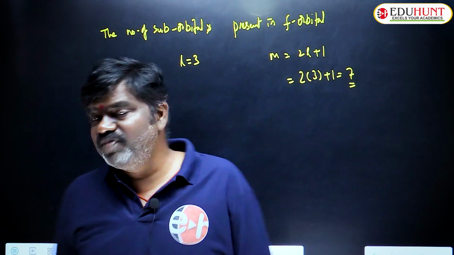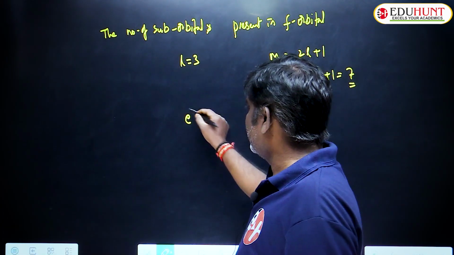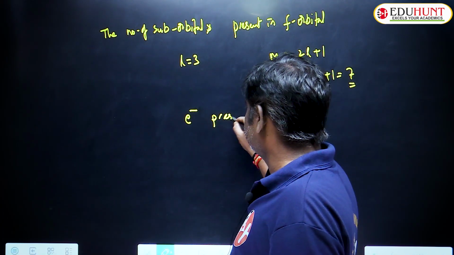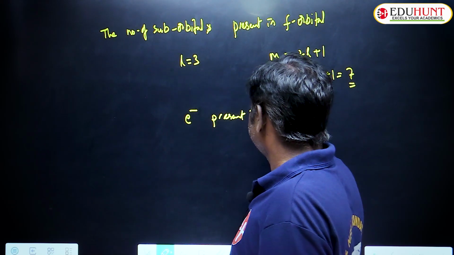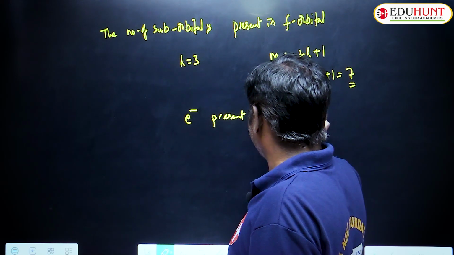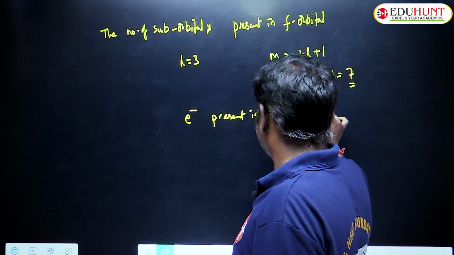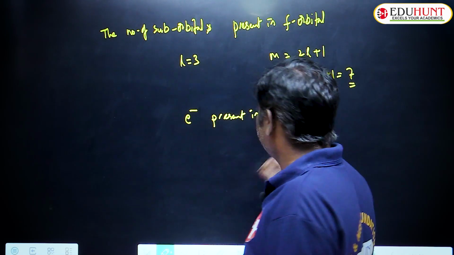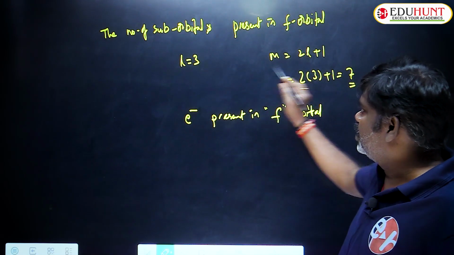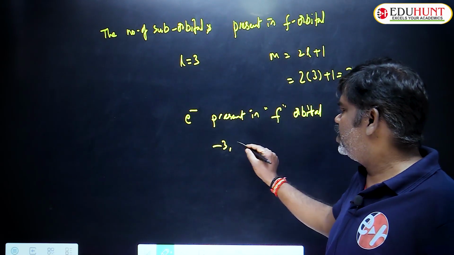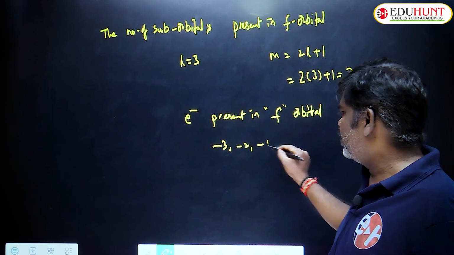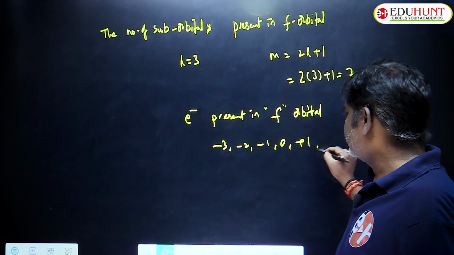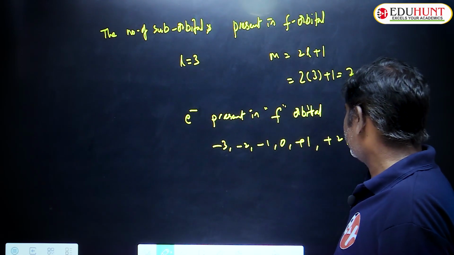So 7 suborbitals means the total number of electrons present in the f orbitals can be found. For the f orbital, l is equal to 3, so m is minus 3, minus 2, minus 1, 0, plus 1, plus 2, plus 3.